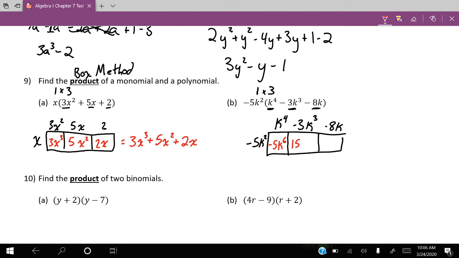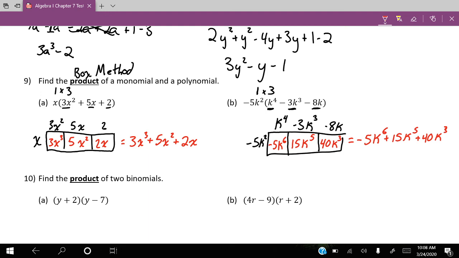K to the third times k to the second is k to the fifth. Again, exponents add. And lastly, negative 8 times negative 5 is positive 40. K times k squared is k to the third. So I can rewrite this as negative 5k to the sixth plus 15k to the fifth plus 40k to the third. All right, everyone, that is number 9.